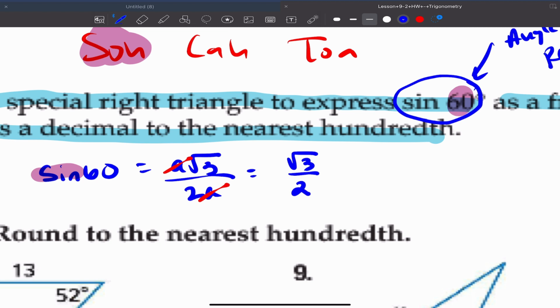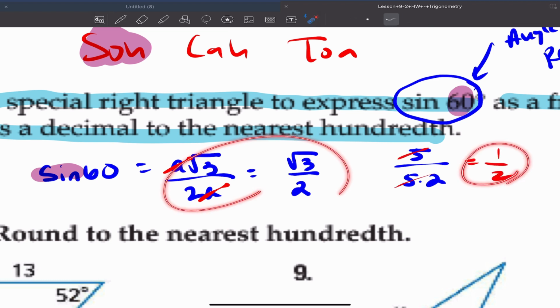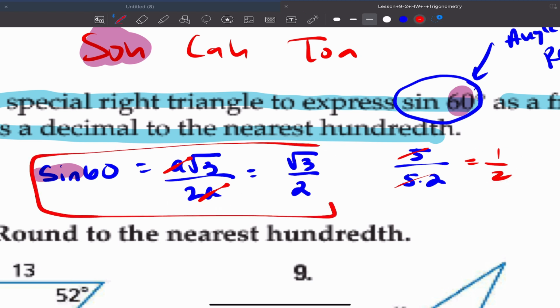It's kind of like saying 5 over 5 times 2, right? Which, if you look at it, it's 5 over 10, which simplifies to 1/2. They both have a 5, so I cancel that out, that's 1/2. That's the same idea when dealing with this. So what does that mean? Sine of 60 is equal to root 3 over 2.